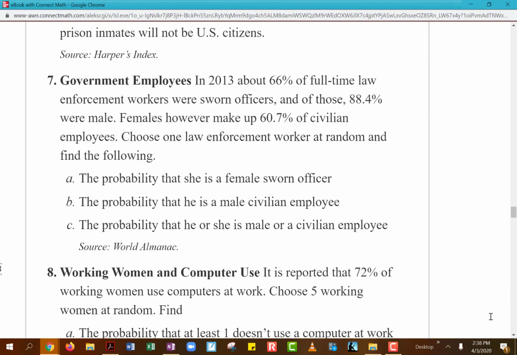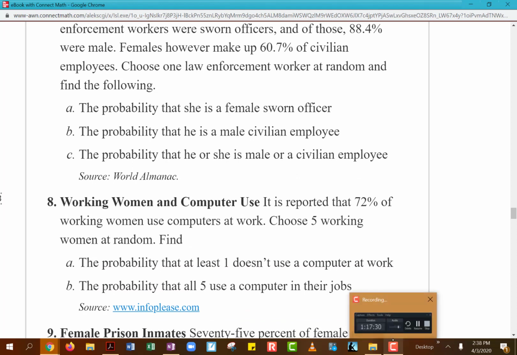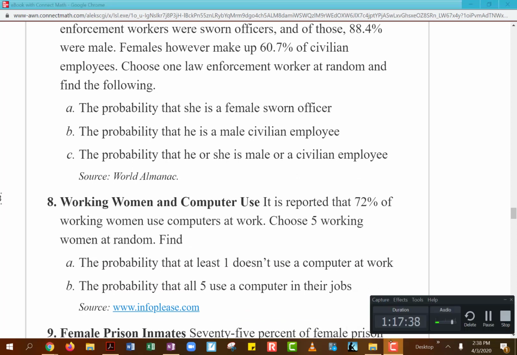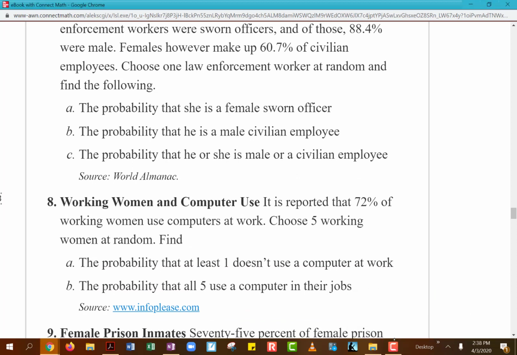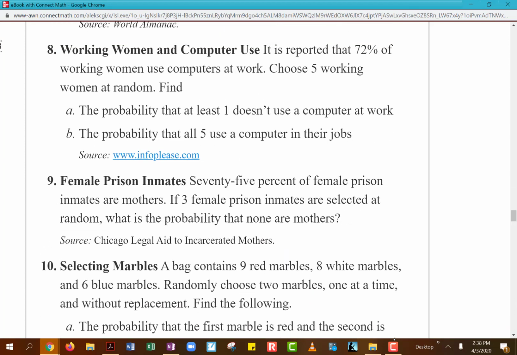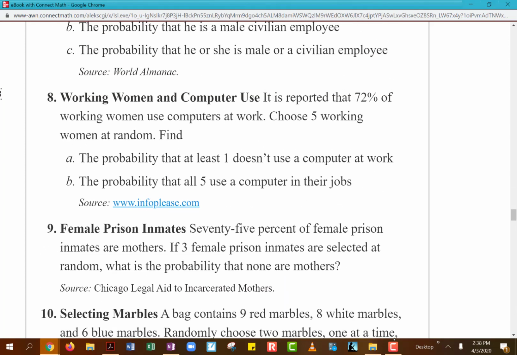Okay, so the next example that we are looking at is going to be number 8. Number 8 here is talking about how it is reported that 72% of working women use computers at work.